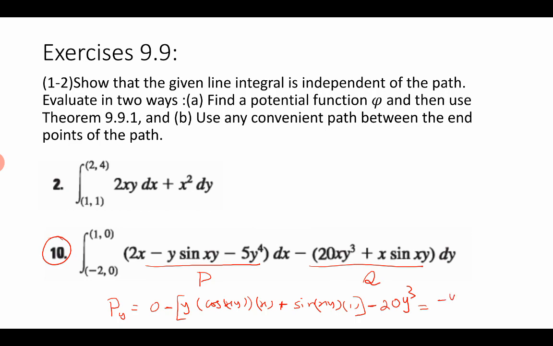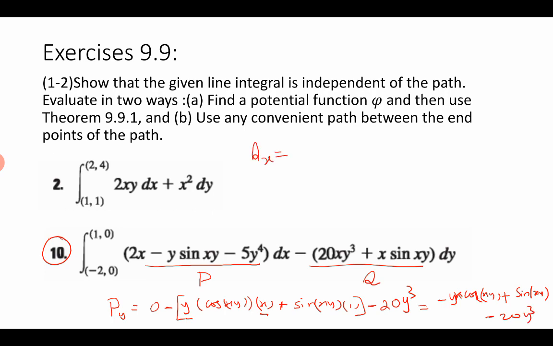Simplify this and you get minus y cosine xy times x, that is minus xy cosine xy, plus sin xy, minus 20y cubed. This is just Py.